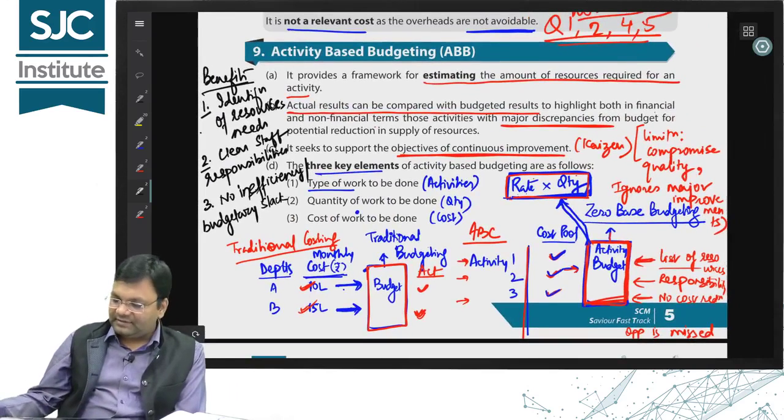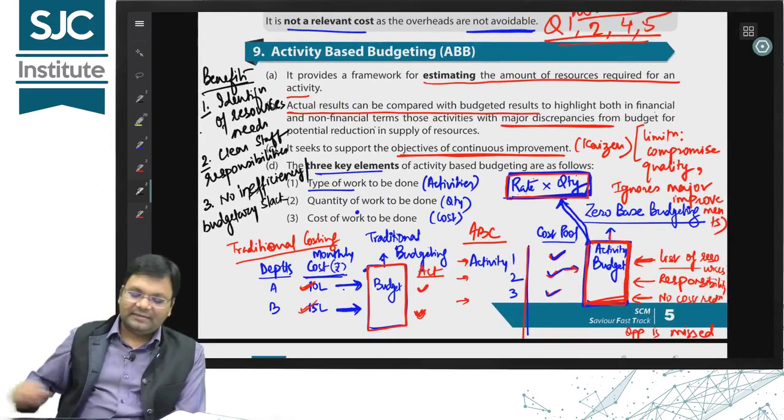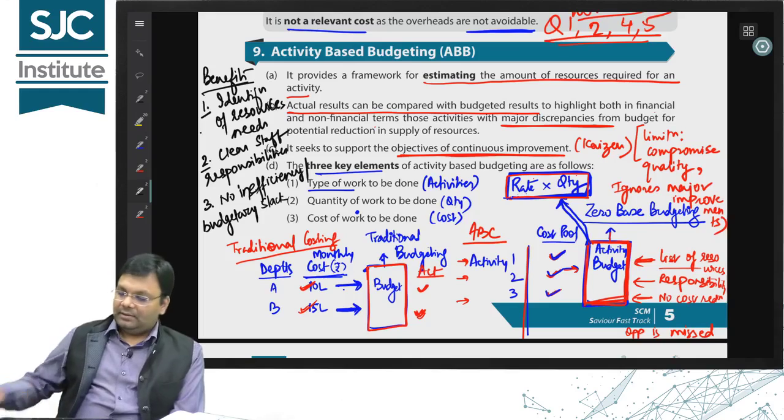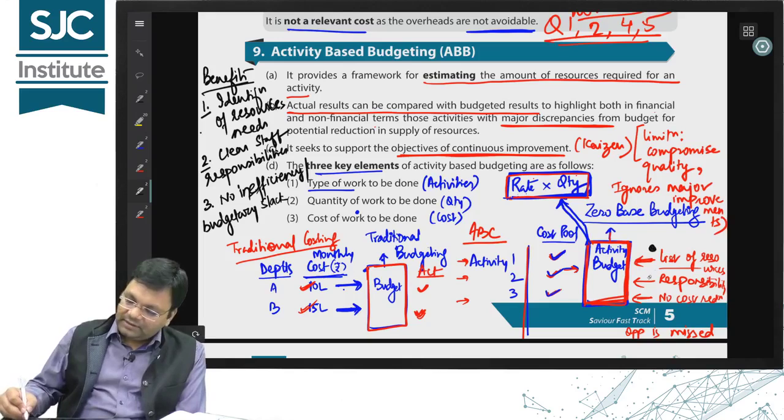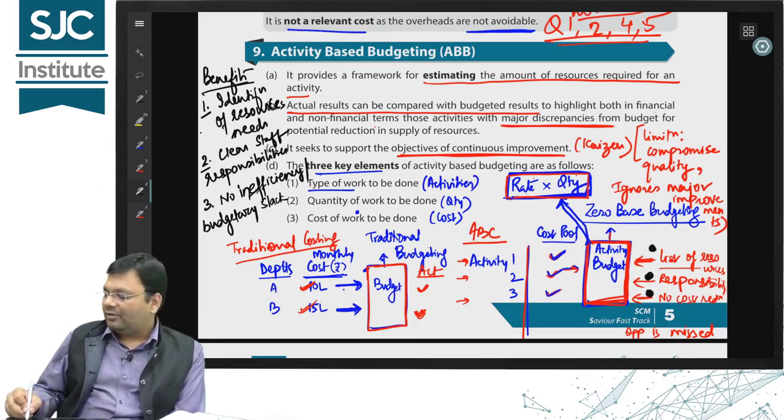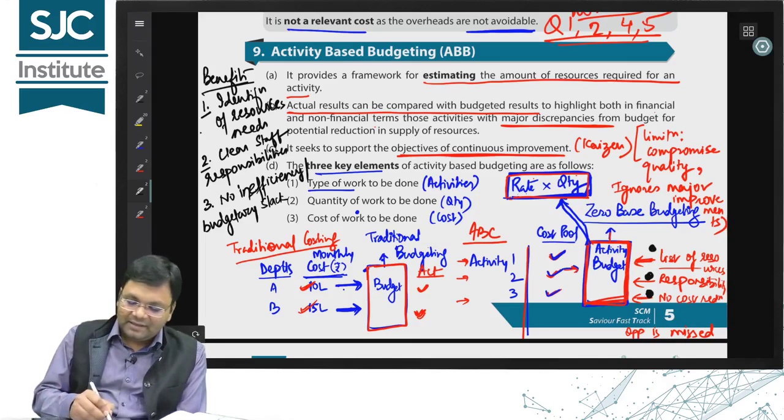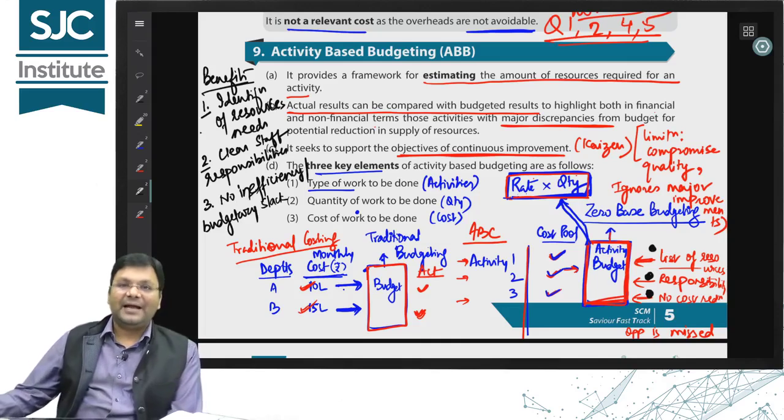No inefficiency or budgetary slack. See, these three points only I was talking about over here: list of resources, responsibilities, and no cost reduction opportunities missed. So that only I am saying again in the name of no inefficiency or budgetary slack.